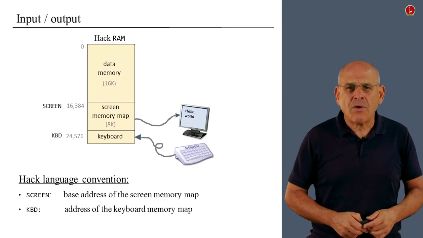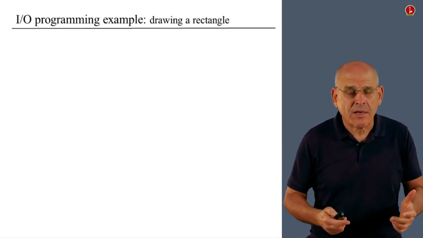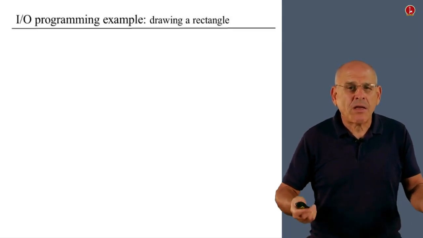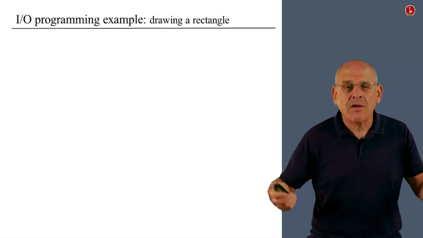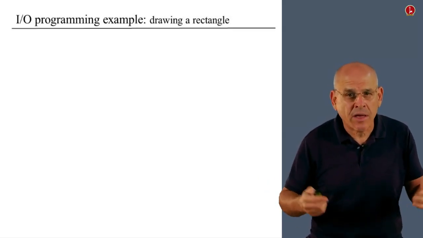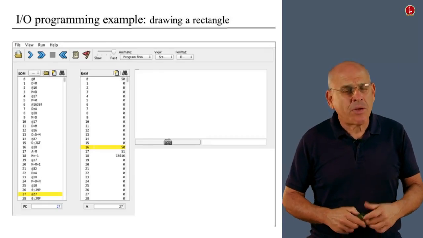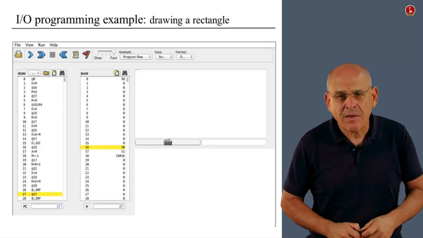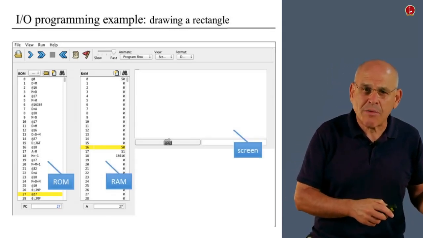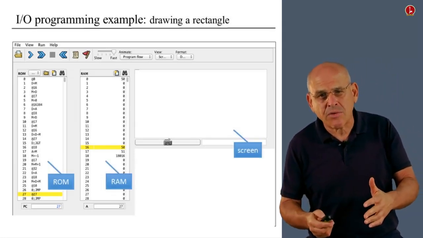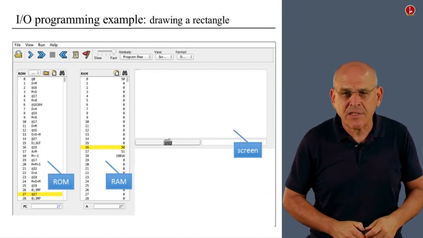All right, so here's an example of using the screen, and in particular using the screen to draw a rectangle. You know, this is like the hello world of computer graphics, drawing a rectangle. How do we do it? Well, this is a screenshot of a CPU emulator. I want to remind you that what we see here is the ROM, the instruction memory on the left, data memory next to it, and then we see some simulation of a physical screen.